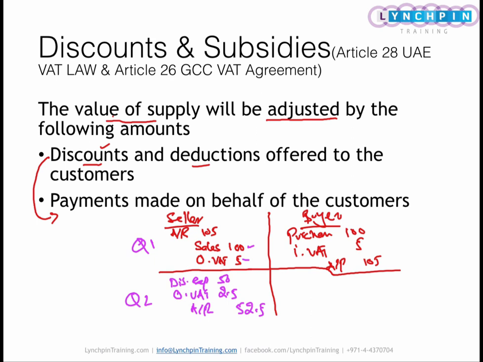Same entries the buyer would also be doing. He has to reverse his input VAT, and he has to record the accounting entry for this whole process. So he'll be recording what?